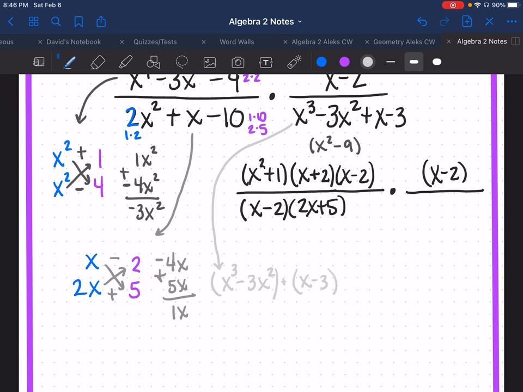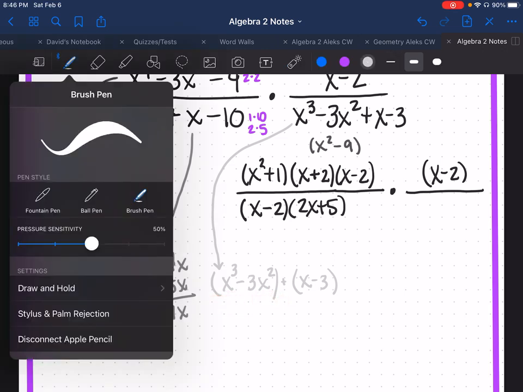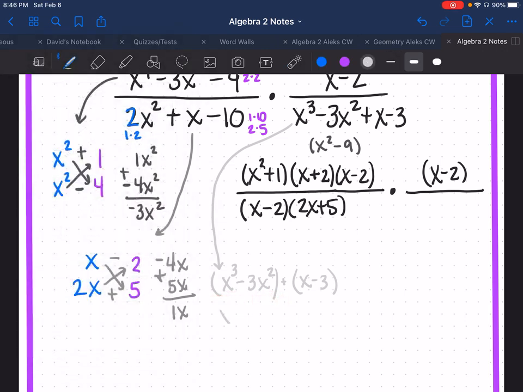Now, x to the third would be x times x times x, and this one would be 3 times x times x. They both have two x's that they could give to a GCF. So I'm going to start by saying x squared. If I take that x squared away from each one, I have x minus 3.